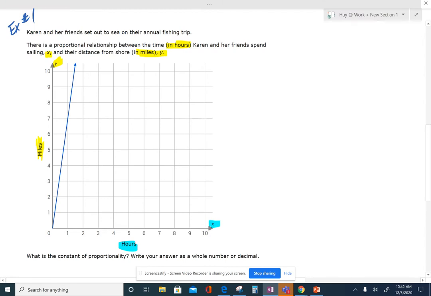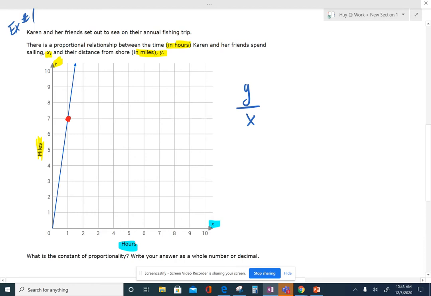So if I look at this graph, what I want to do to find the constant of proportionality is try to find where y can go over x. So let's try to find a whole number for y and x. So a point on this graph, a single point in this graph, can be found right here.